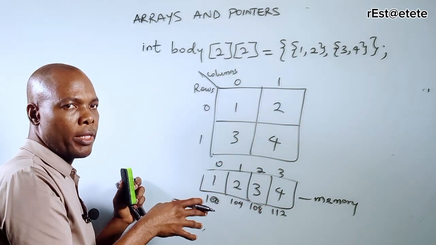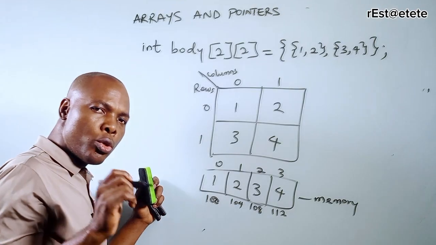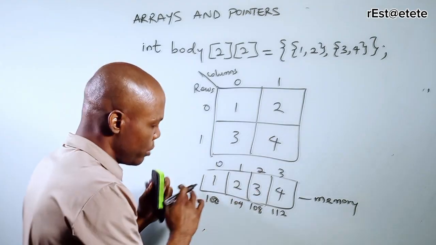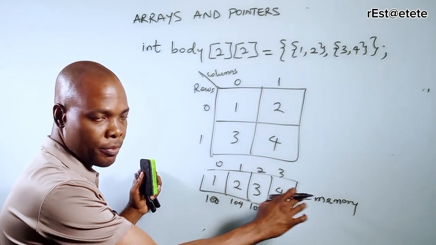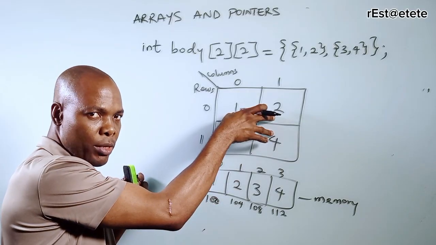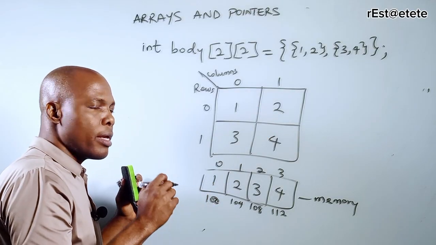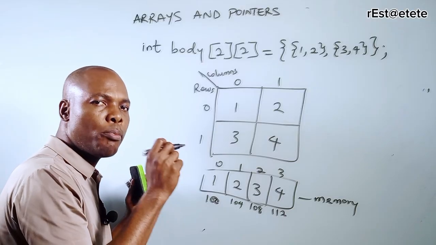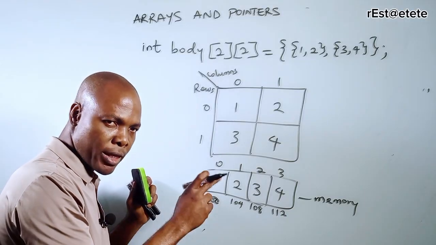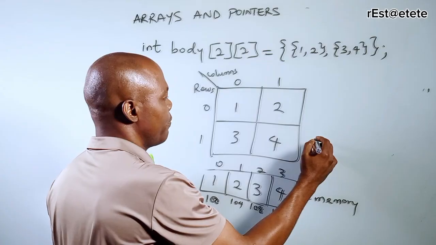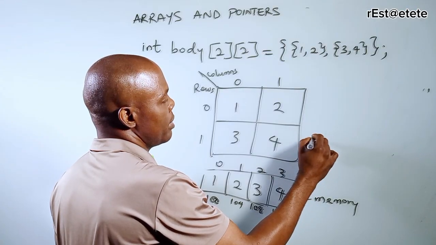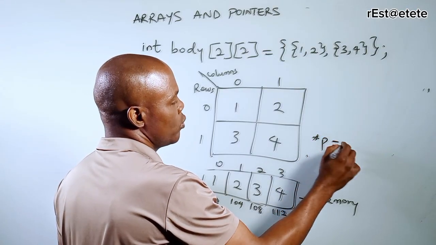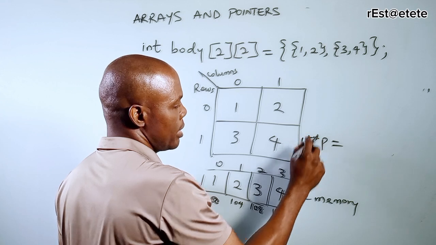Now I have to write a pointer to point to it. You know that in one-dimensional array, which is this, this is the one-dimensional array. While this is a two-dimensional array. Now, the pointer pointing to a one-dimensional array actually points to the address of the first element, which means if I am going to declare a pointer, say P, this will point to what? I'll say int *P.